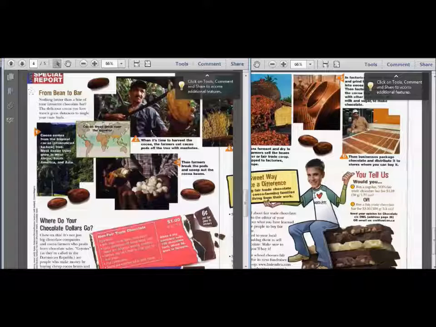And it has steps: step 1, step 2, step 3, step 4, step 5, and step 6. And if you were to read or reread that part of the article, you would see that the steps in harvesting cocoa all the way to taking it to factories in Europe where it is turned into chocolate are described in this article.